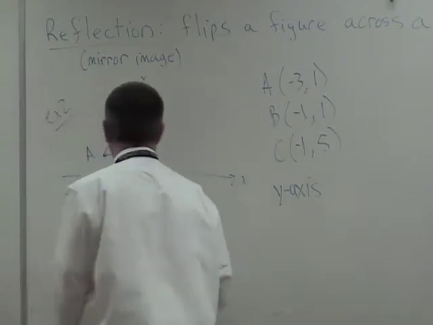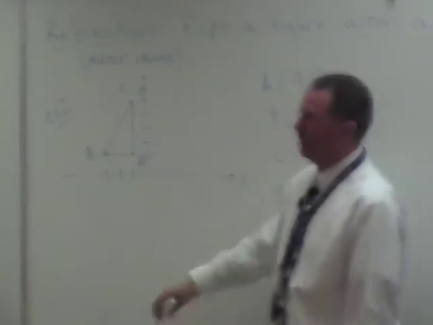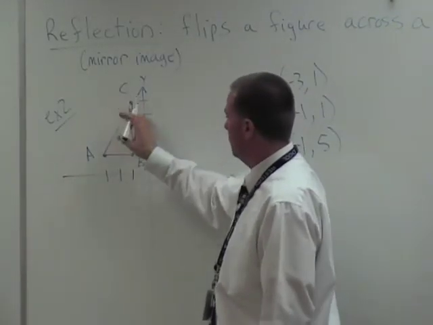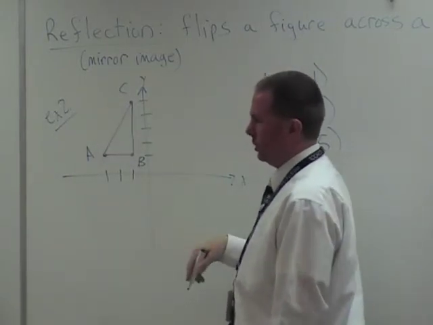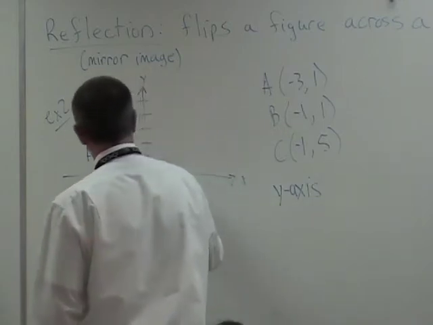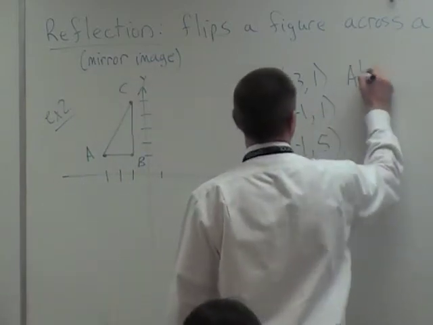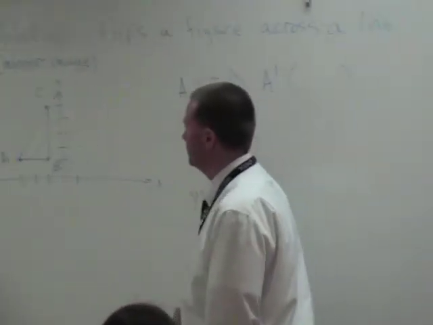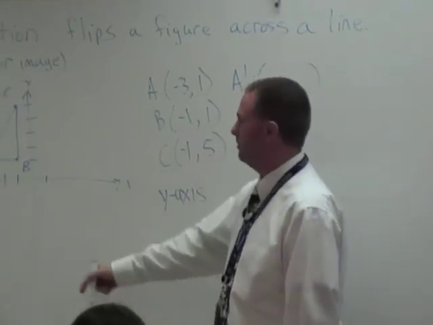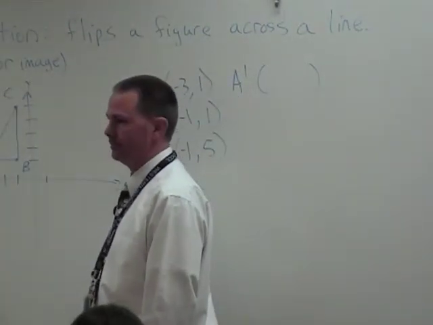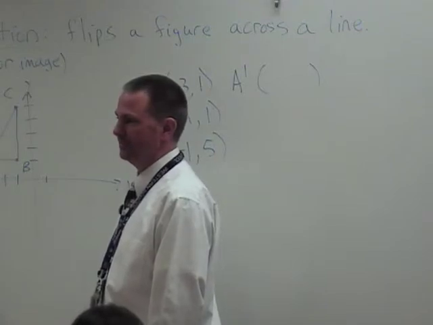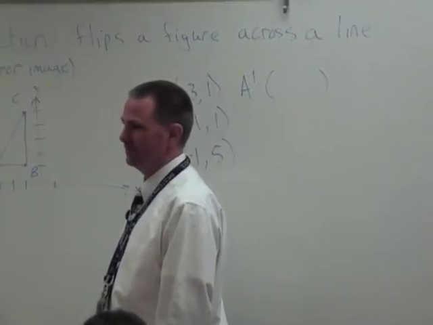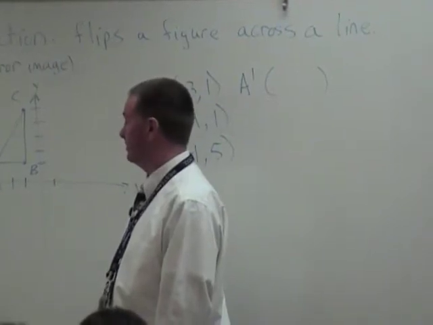So there's the pre-image. If I were to take this and fold it on the y-axis, it would be over on this side. A prime, Jesse, is where? Would it be at 3, 1?